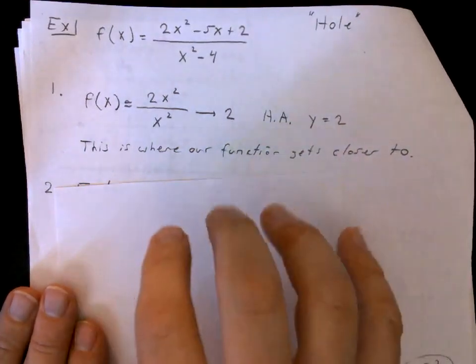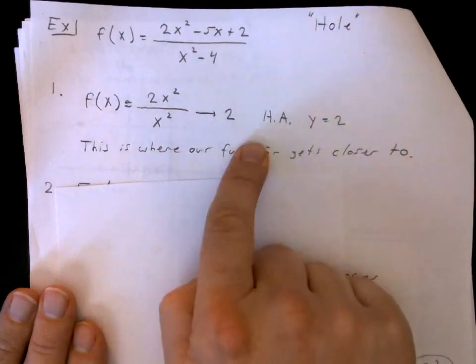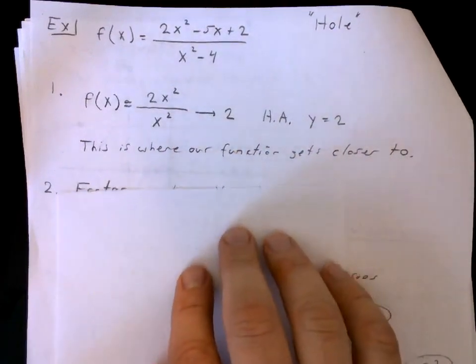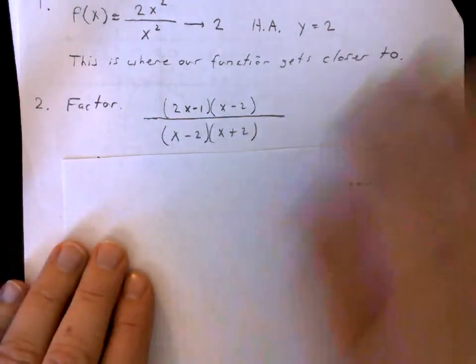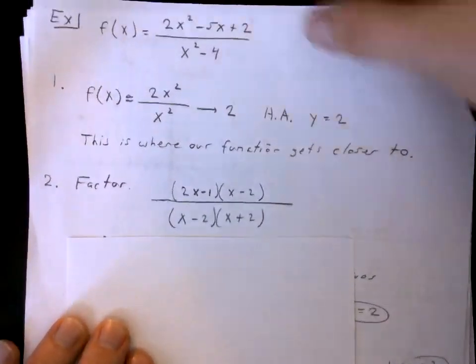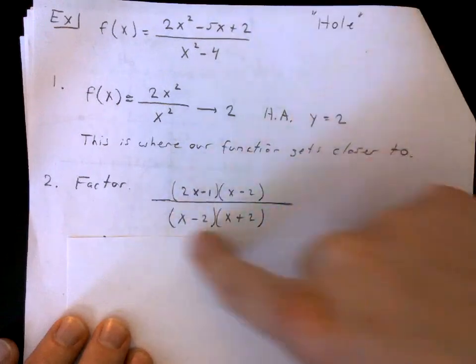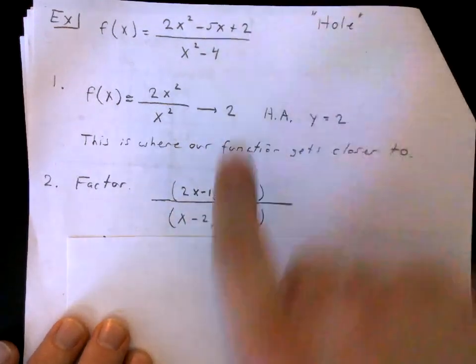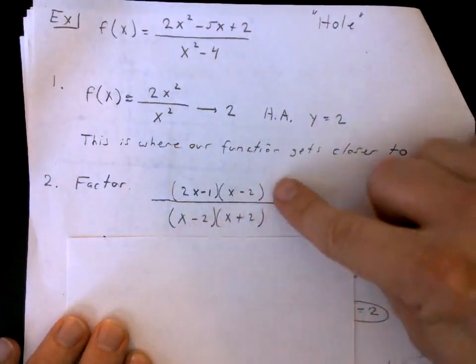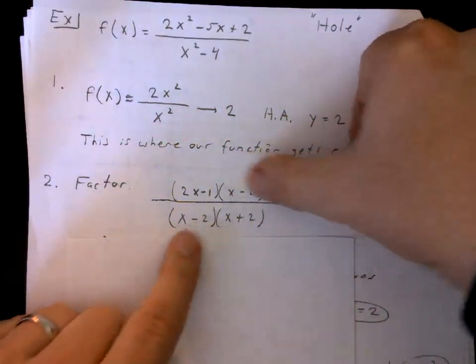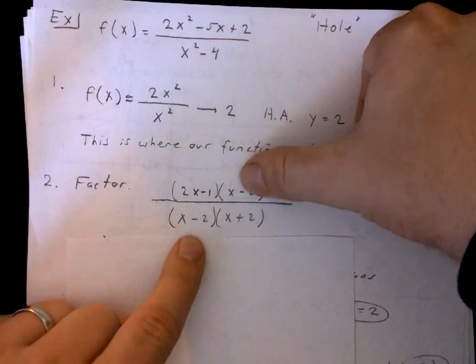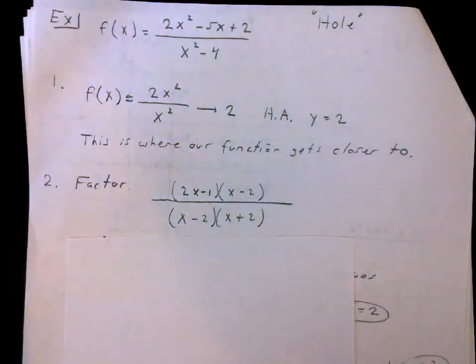So you have to do step 5. Step 2 says I'm going to factor the top and the bottom. And this is what happens when I factor this one. I'm hoping you're going to see that you have factors on the top that are also in the bottom. See how those are the same? I mean, they are factors.